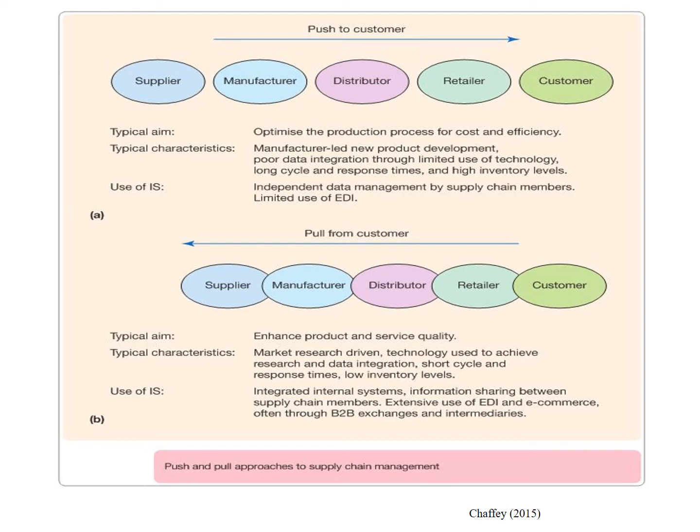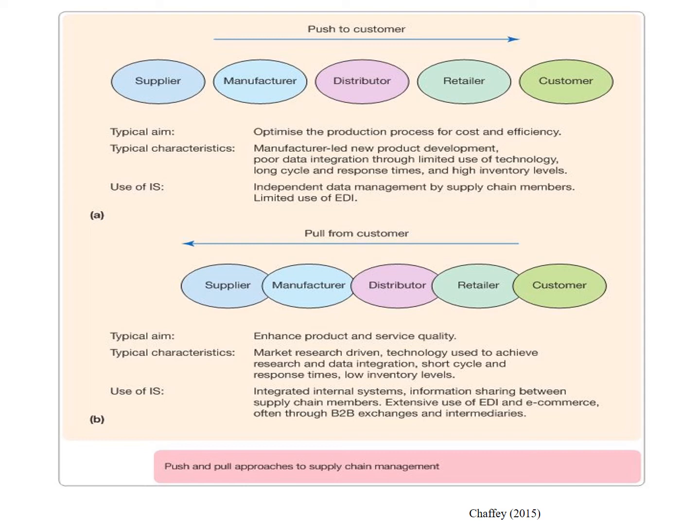In terms of pull, the typical aim here is to enhance product and service quality. Typical characteristics include being market research driven, technology used to achieve research and data integration, short cycle and response times, low inventory levels, and the use of integrated internal systems, information sharing between supply chain members, and extensive use of EDI and e-commerce, often through business-to-business exchanges and intermediaries.